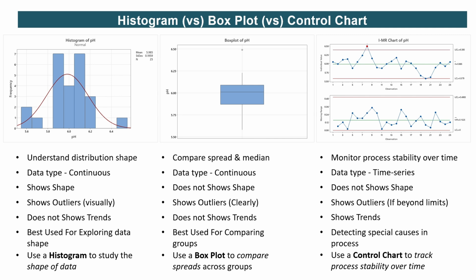Answer, histogram. Am I comparing multiple groups of data and their variability? Answer, box plot. Am I monitoring my data over a period of time to understand the trend and the stability of the data? Answer, control chart. So these three answers will help you to understand which chart or which graphical representation is best suited in the given scenario to analyze the variability of your data.